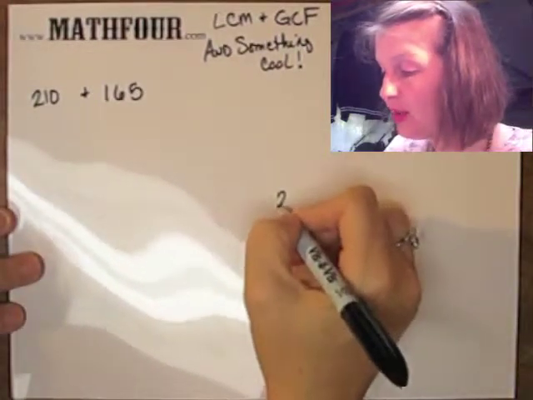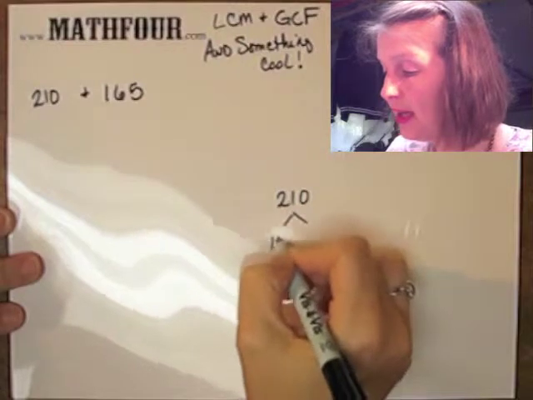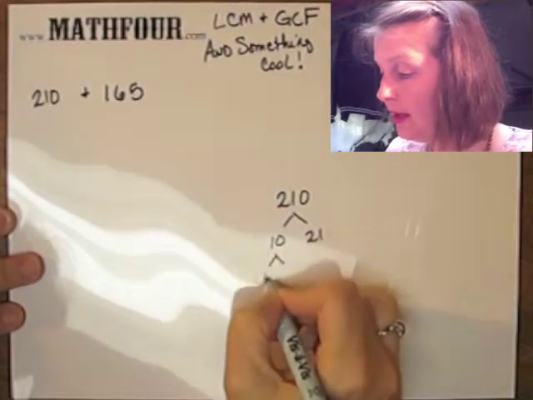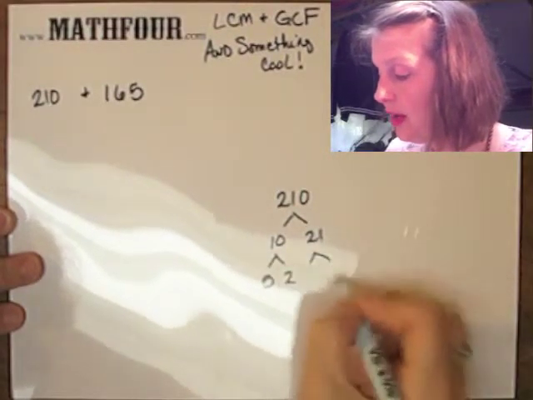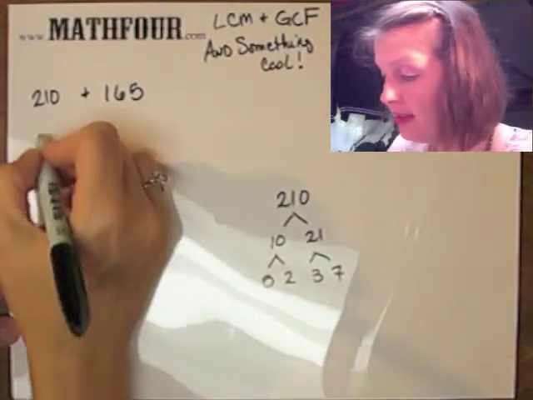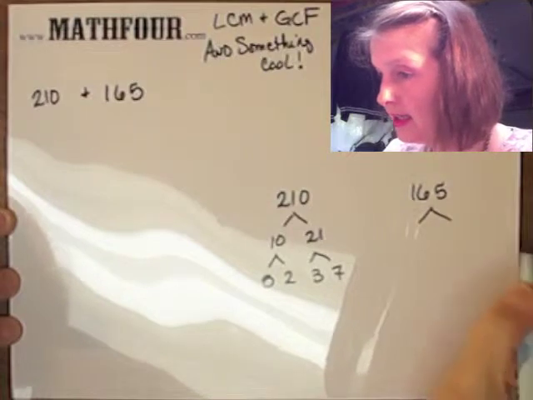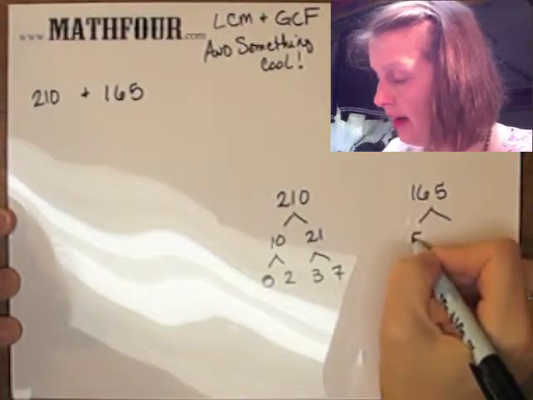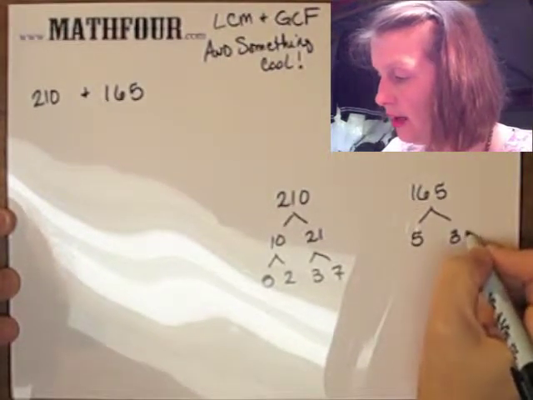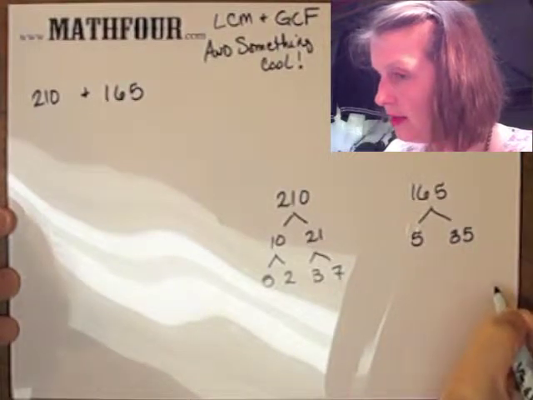So I'm going to start with factoring. So 210 is 10 times 21. This is 5 times 2 and 3 times 7. And then 165, a 5 goes in there... does that make sense?